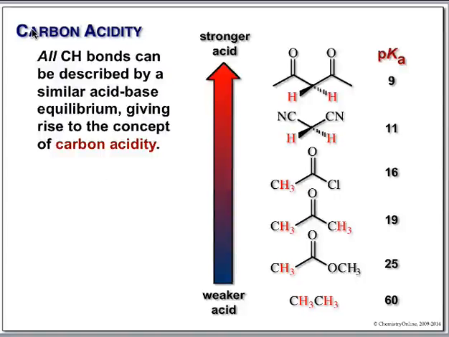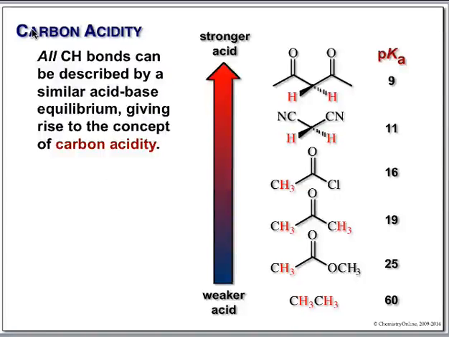Basically, the more stable the anion, the stronger the acid. These are carbon acids. Starting down here with ethane. Ethane is a very, very weak acid, pKa of around 60 or so. This would form the ethane anion, a carbanion, which we all know is very, very unstable.